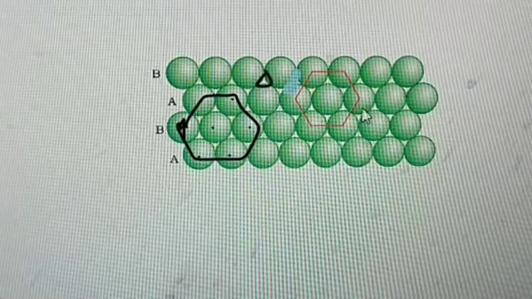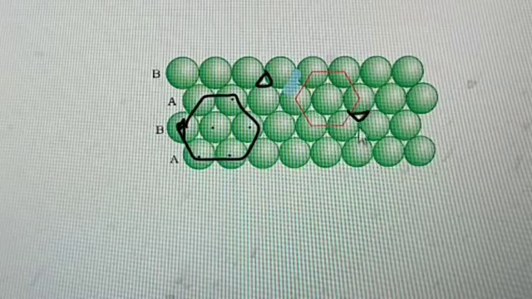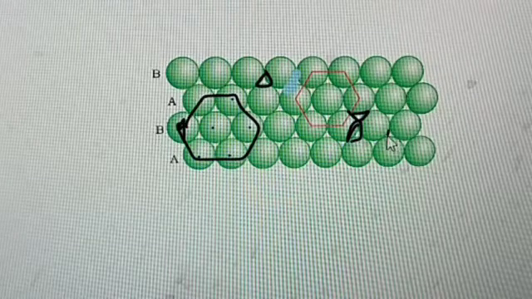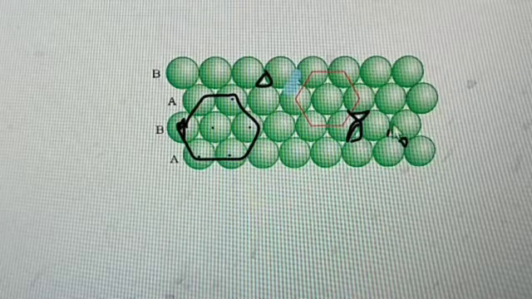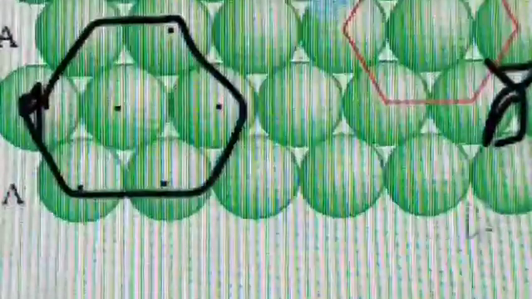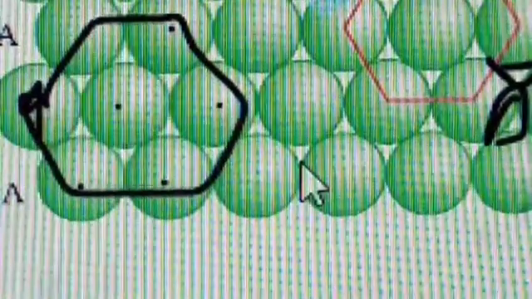This is a triangle, and this is the free space, and this is the free space. See here, you can clearly observe the free space in each and every row. In each and every row, the free space is in the shape of a triangle.